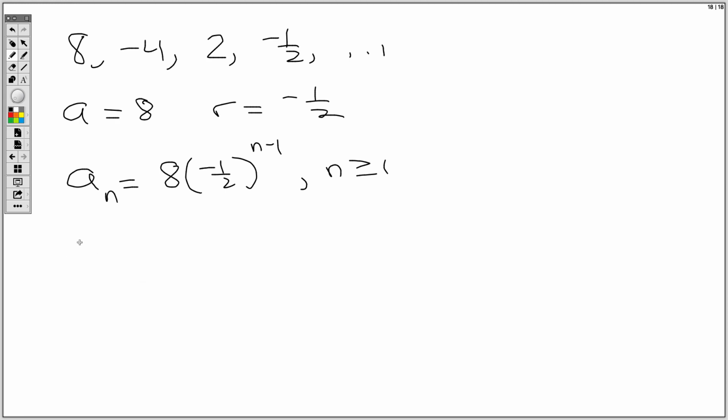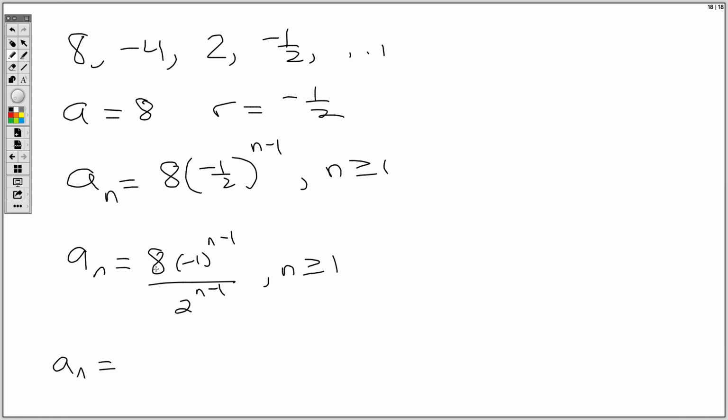We can use some properties of exponents. I've got 8 times negative 1 to the n minus 1 over 2 to the n minus 1. 8 is a power of 2, so I could write that as 2 cubed.